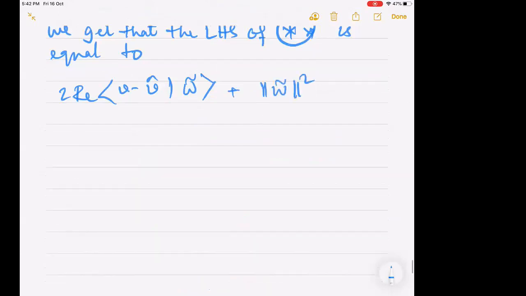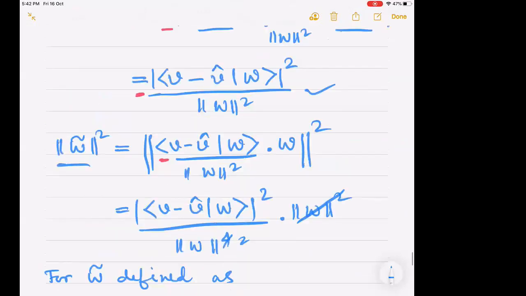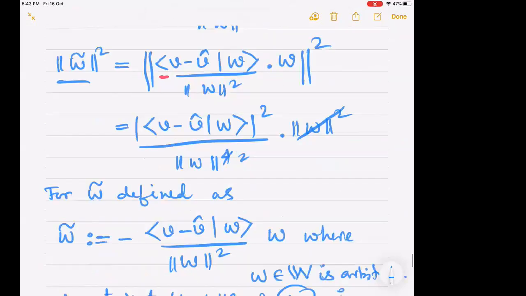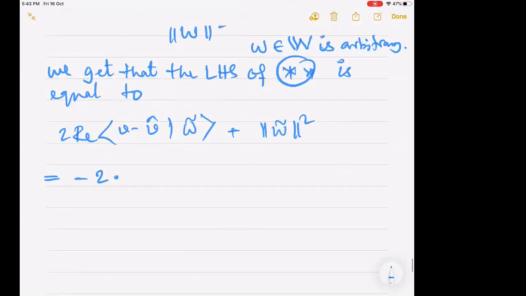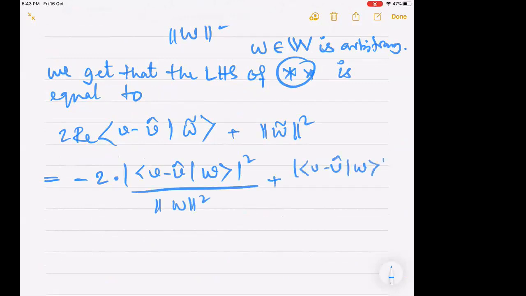What are these? This is minus 2 times the magnitude squared of V minus V hat inner product W divided by norm W squared, plus the magnitude squared of V minus V hat inner product W divided by norm W squared.